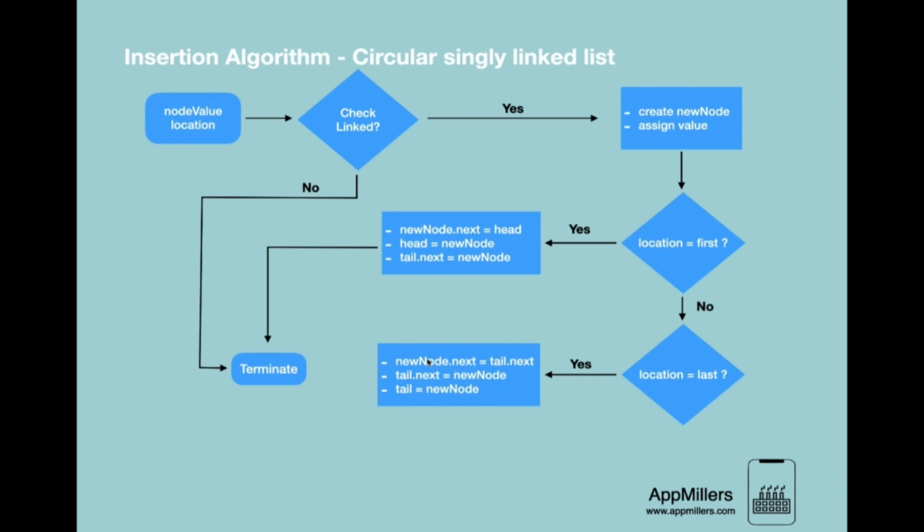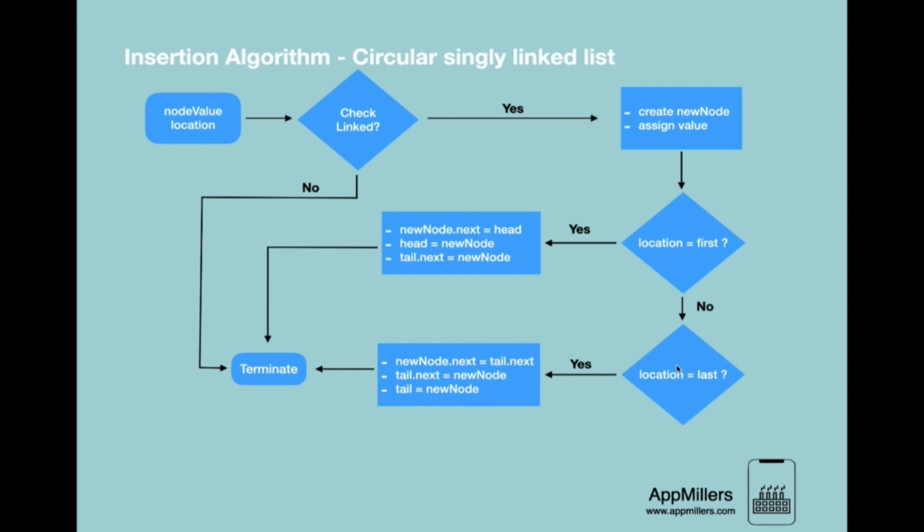After creating a connection between new node and the first node, we need to create a connection between last node and new node. So by updating tail next to new node, we are creating a connection between last node and new node. Then we are setting the tail to the new node, because tail has to store physical location of last node. In this case, the last node becomes new node. So after completing this, an insertion of new node at the end of circular linked list is complete. So we are terminating our algorithm.